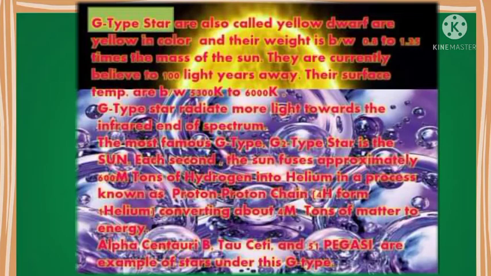Each second, the Sun fuses approximately 600 million tons of hydrogen into helium in a process known as the proton-proton chain, which means 4 hydrogen form 1 helium, converting about 4 million tons of matter to energy. Alpha Centauri B, Tau Ceti, and 51 Pegasi are examples of stars under this G-type.